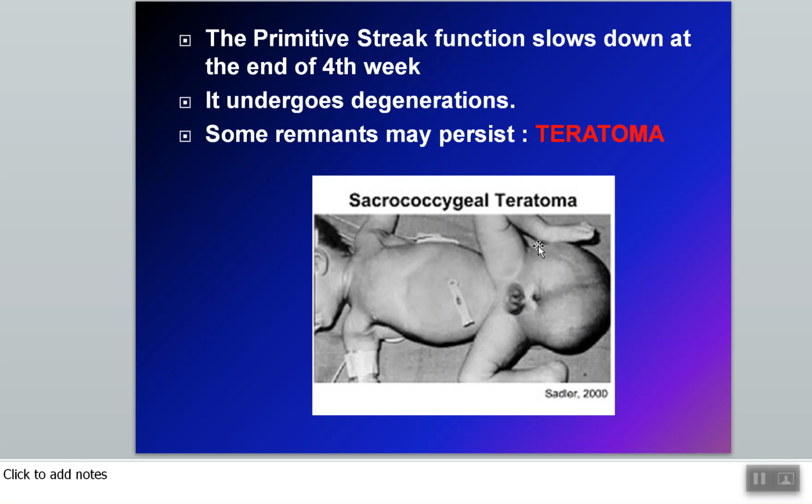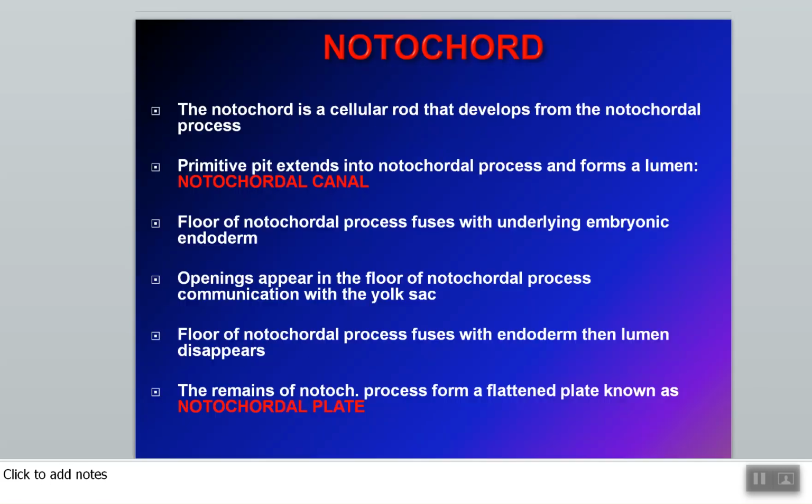That is named teratoma, and when it forms here, we say sacrococcygeal teratoma. When you dissect this teratoma, you can find the three germ layers, and maybe you find bone, nerves, and some digestive tissue in here.